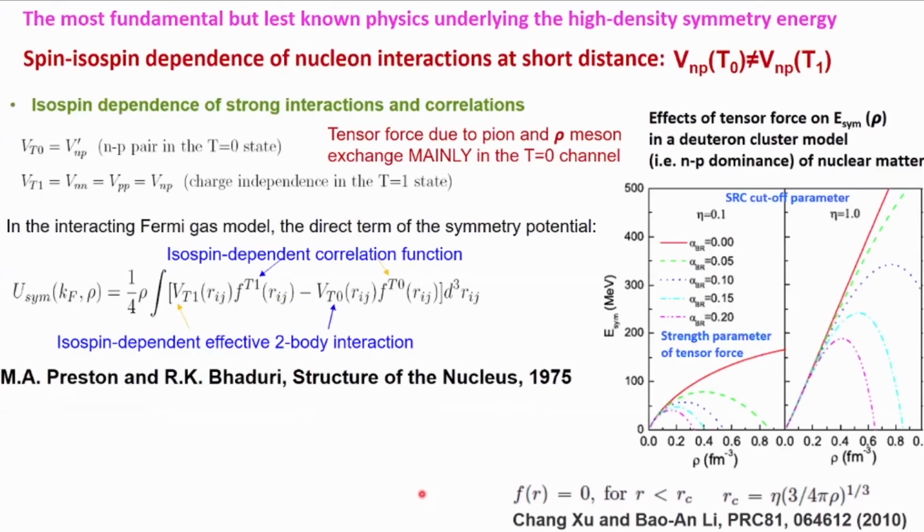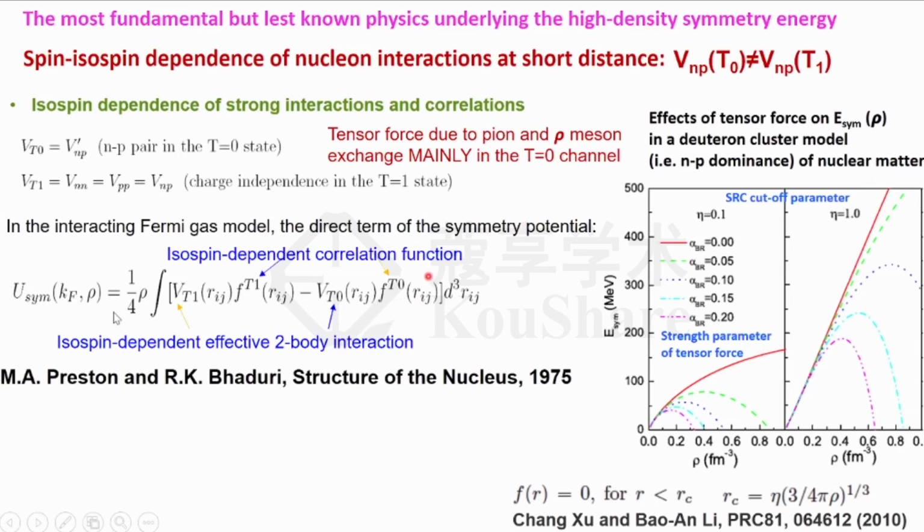I mentioned that the isovector potential is a key quantity. If you go back to the textbook by these two authors, the symmetry potential can be written as the volume integration of the isotriplet interaction multiplied by the isotriplet correlation function minus the one in the isosinglet channel.